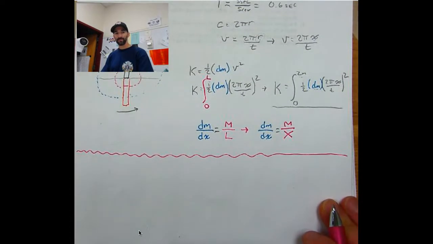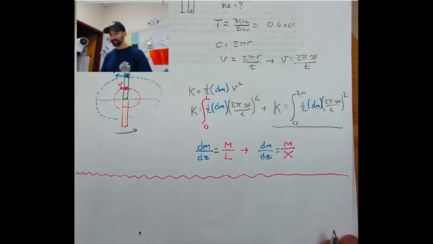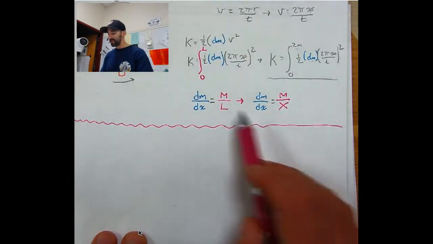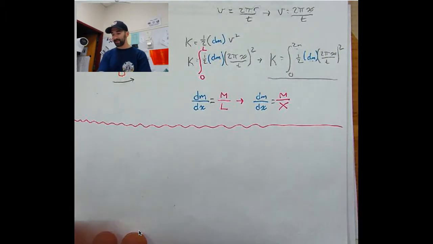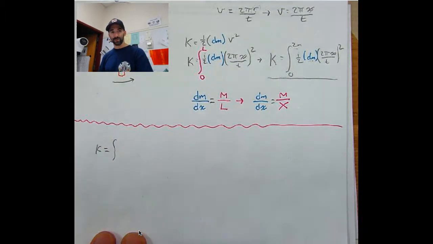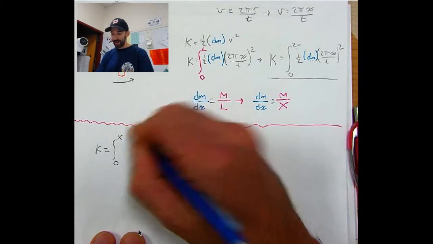So, if I want to do this now, I'm going to put everything together. I'm going to say the kinetic energy is equal to the antiderivative, in general terms, from 0 all the way to whatever that x is.